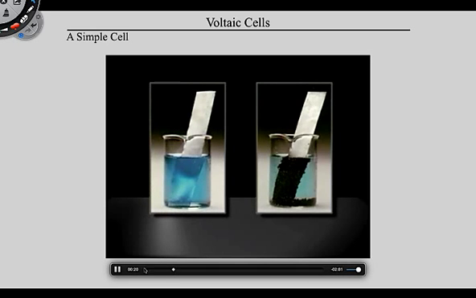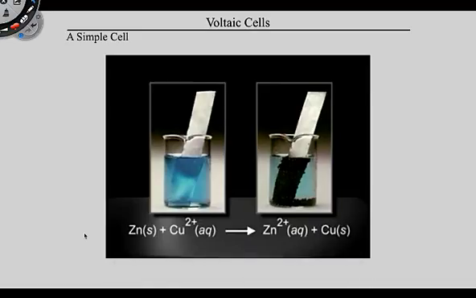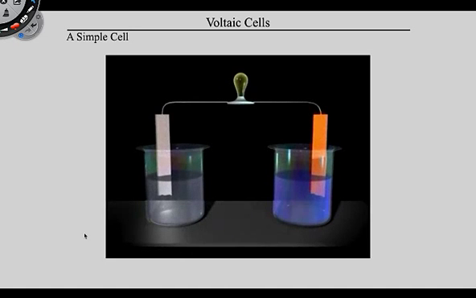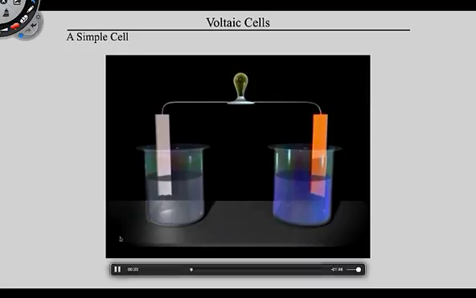This spontaneous oxidation-reduction reaction is summarized in the chemical equation shown. The spontaneous copper-zinc oxidation-reduction reaction can be made to yield useful electrical work by incorporating it in a Voltaic cell. Were any of you surprised that the compartments don't contain the same solution?